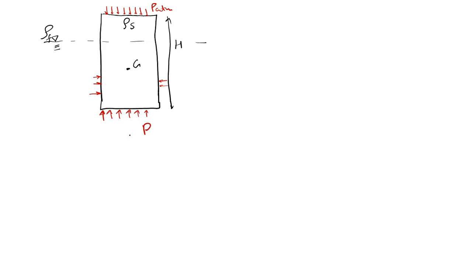Let us consider it is floating with depth of float h. So it is floating in deep water, at a depth h. What will be the pressure here? P atm plus rho fluid g h. Now I'll make the FBD.